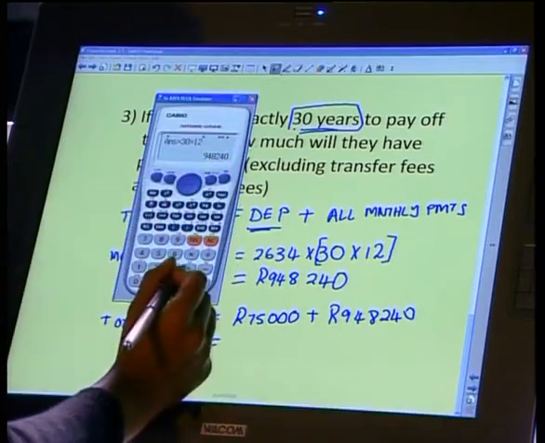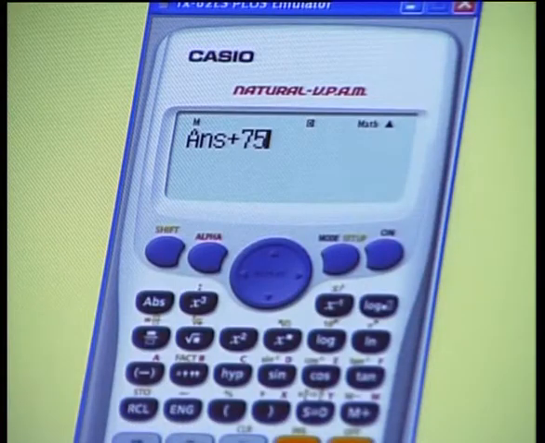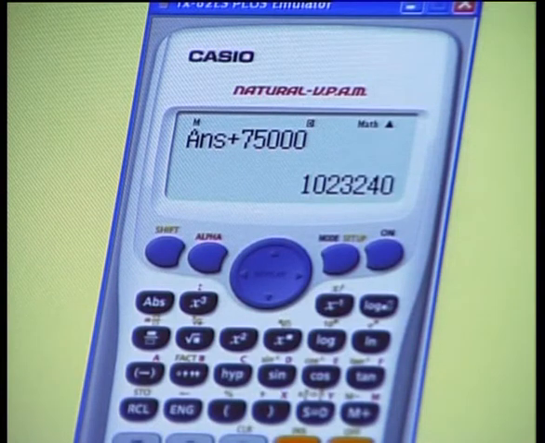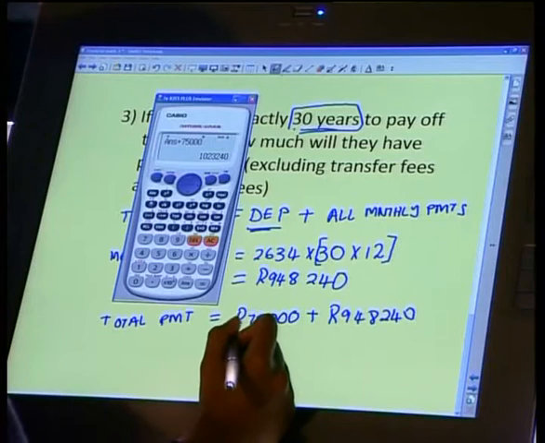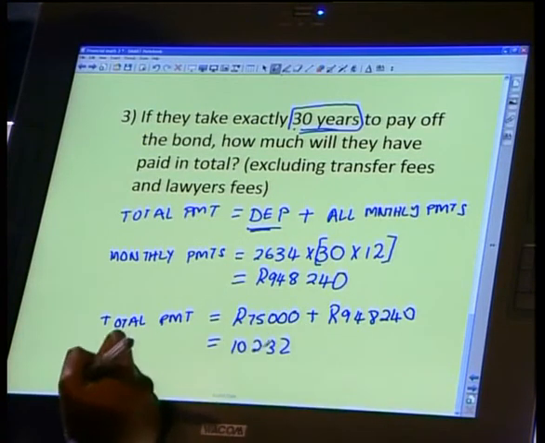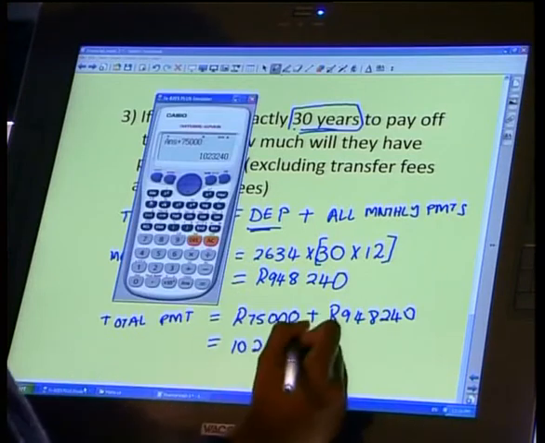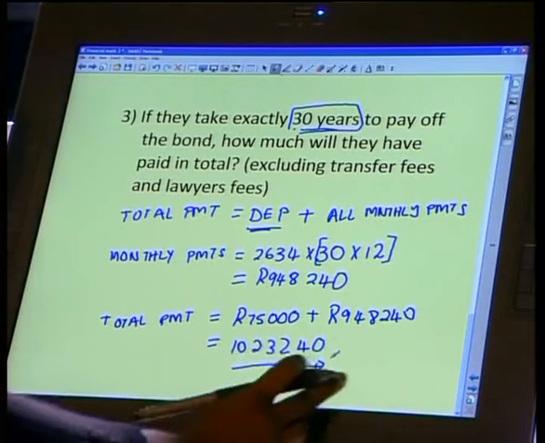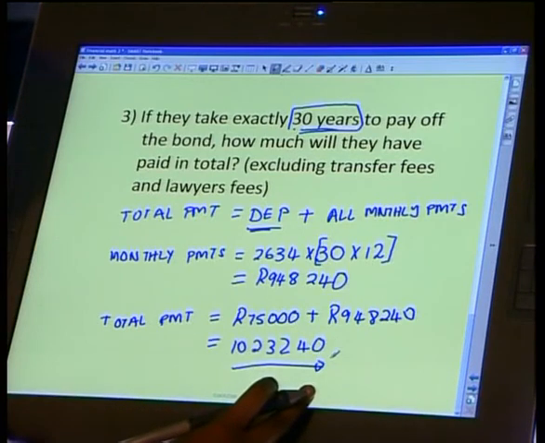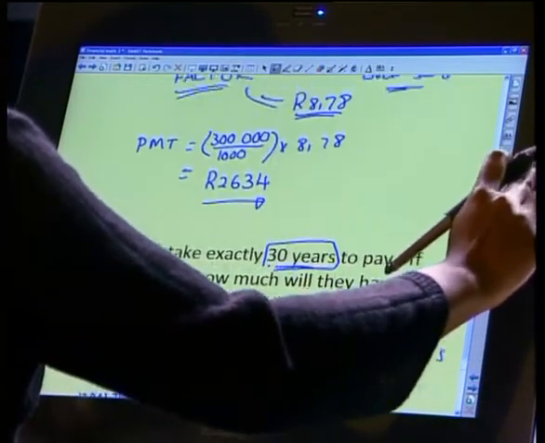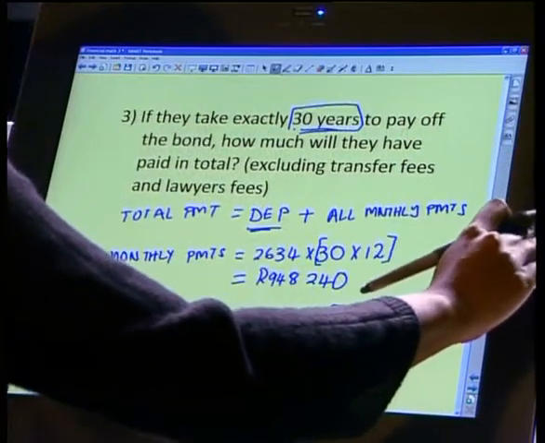So it's that amount plus the 75,000 Rand deposit. And that is 1,023,240. Okay, so this is the amount that they end up paying at the end of this entire home loan. So it's just over 1,023,000, and this is over a period of 30 years.